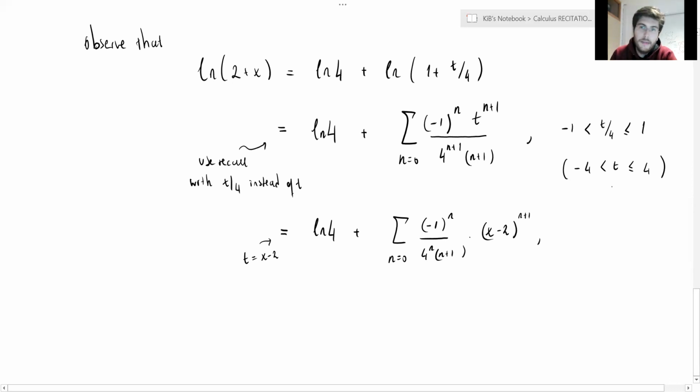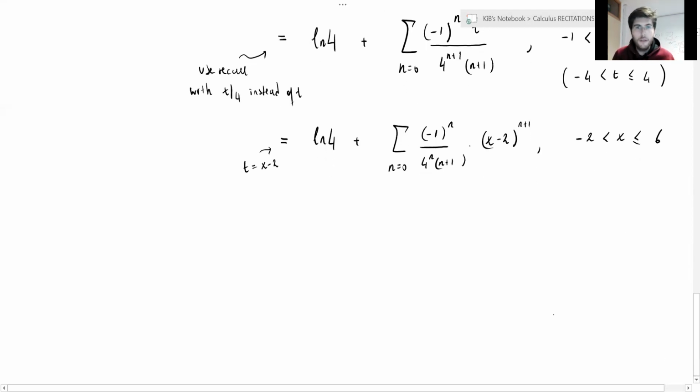And if you replace t by x minus 2, your domain of convergence will be minus 2 less than x less than 6. This is exactly your domain of convergence, and we are done, actually. This is your result.